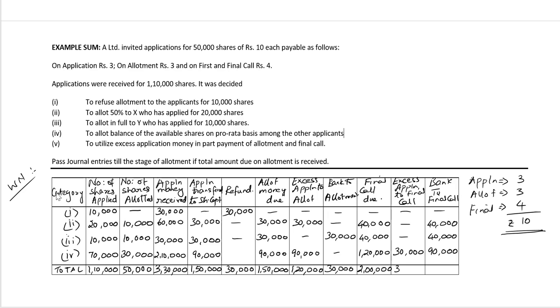Excess application transferred to final call, the total 30,000 rupees, and bank to final call, the last column total is 1,70,000 rupees. So we've completed the table. It is easy for us to pass the journal entries now.